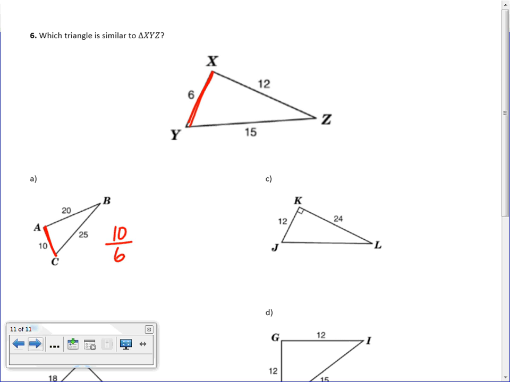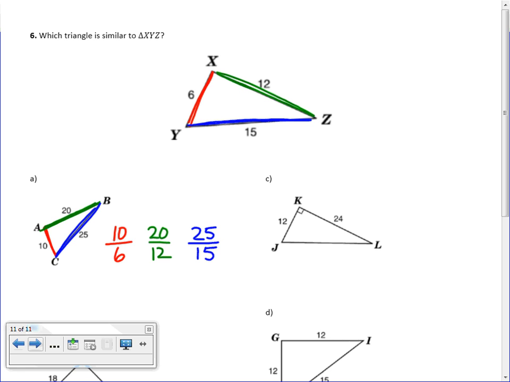So we can set up this fraction. The next biggest side has to correspond with the next biggest side. So 20 over 12. And the largest side has to correspond to the largest side of the big, and so that would be 25 over 15. Now, if these all simplify to be the same scale factor, we're in business.